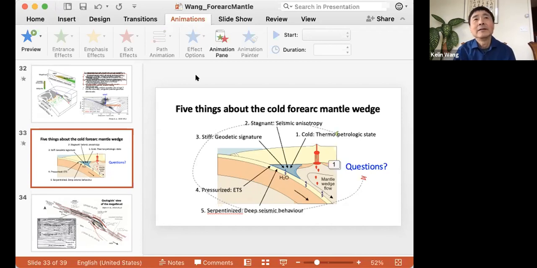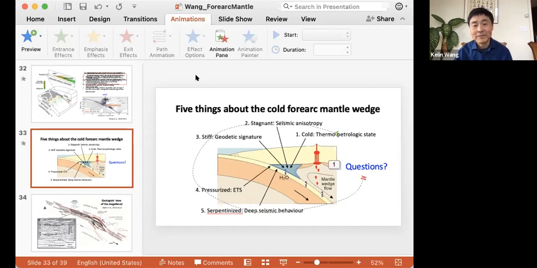I guess the reason is as we form the hydrous minerals in the forearc wedge, the hydrous minerals are also removed from below and get entrained into the megathrust. And to an extent, we do not really see a high topography there. It's a very good point, but just because we haven't seen consistently high topography due to this effect, we think the hydrous minerals are being removed from below.